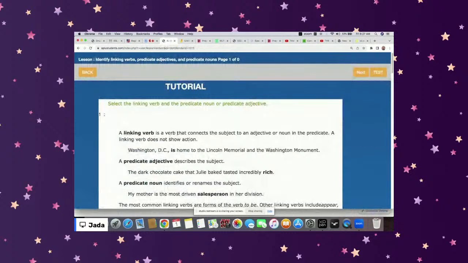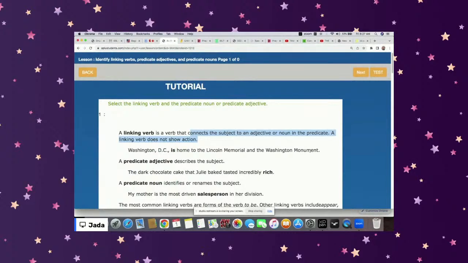A linking verb is a verb that connects the subject to an adjective or noun in the predicate. A linking verb does not show action. Linking verbs do not show action, they just connect the sentences together.